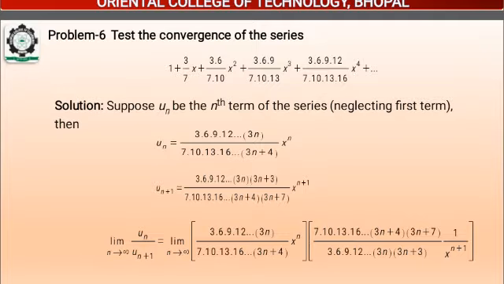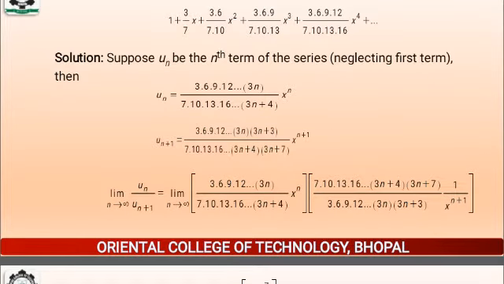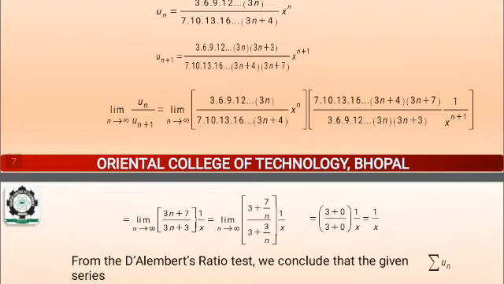When we apply D'Alembert's test, limit n tends to infinity un upon un plus 1 equals limit n tends to infinity, taking this as un and this as un plus 1. Simplify these terms. We have limit n tends to infinity 3n plus 7 upon 3n plus 3 into 1 by x.